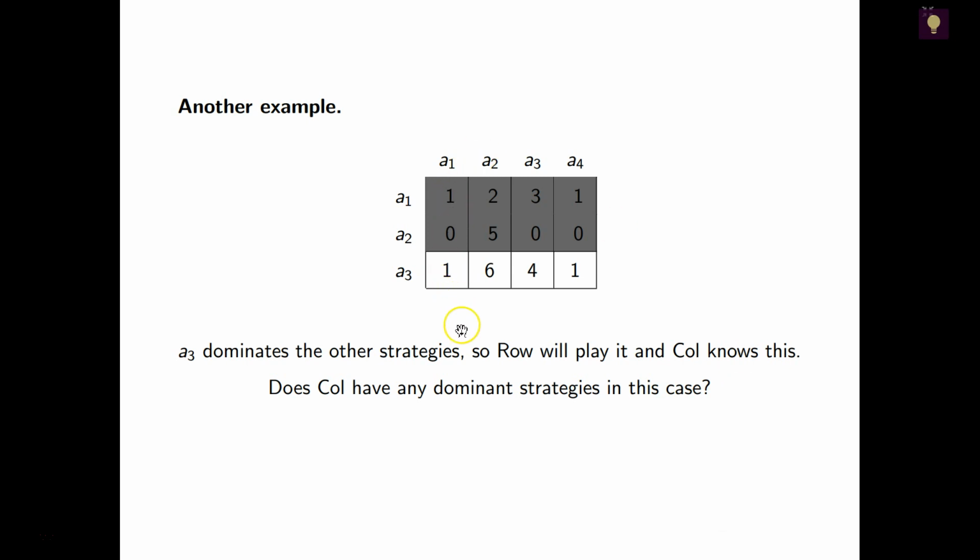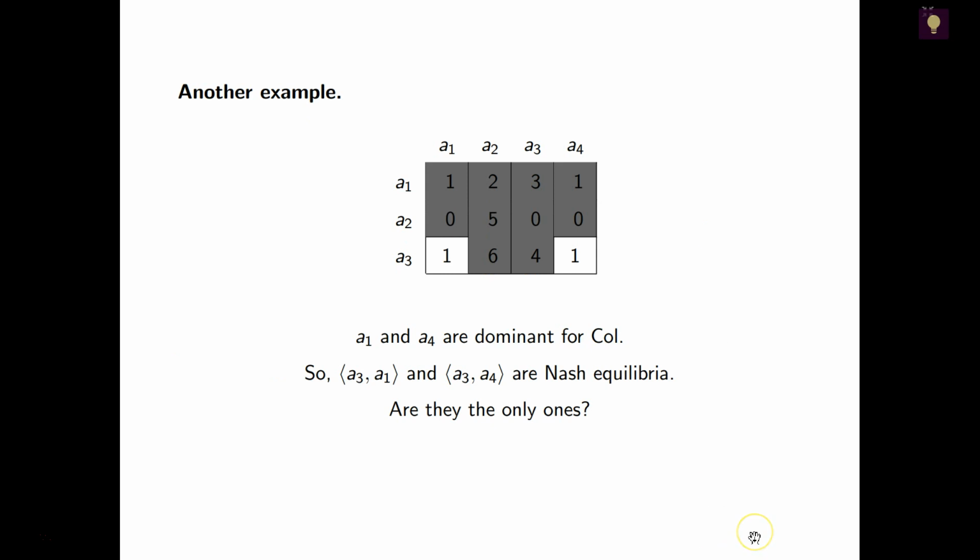Well, call is not going to play A2 or A3 because negative 6 and negative 4 are worse than negative 1 and negative 1, so call is only going to play A1 or A4. So A3, A1 and A3, A4 are both Nash equilibria here.